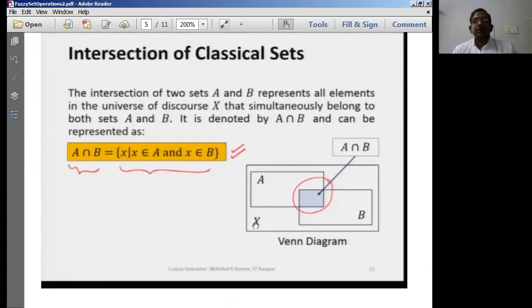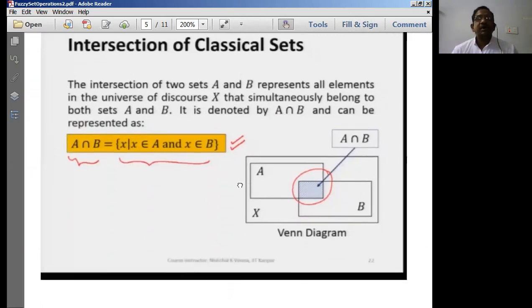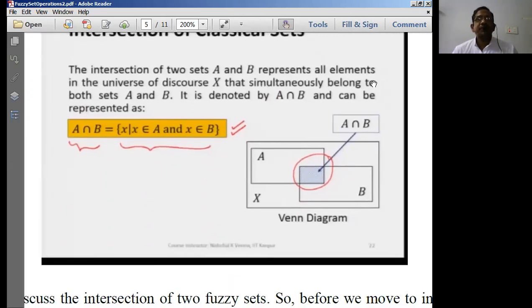The next operation is the intersection of two sets. Intersection means it represents all the elements in the universe of discourse that simultaneously belong to both sets A and B. That means the elements which are common in A and B, that is, simultaneous belongingness, will be part of the resultant intersection of two sets.